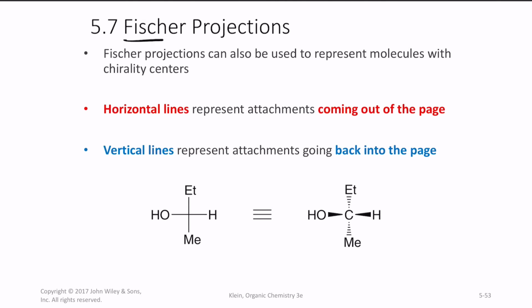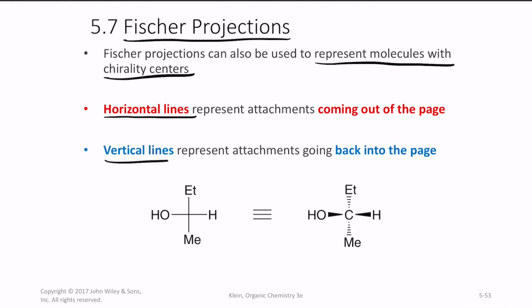Next we have another way of representing molecules called Fischer projections. Fischer projections can also be used to represent molecules with chirality centers. So one thing to remember is that when we write Fischer projections, we write molecules using horizontal lines and vertical lines.